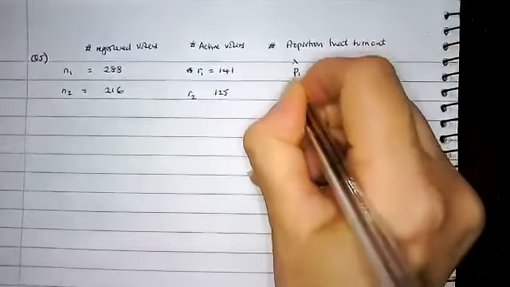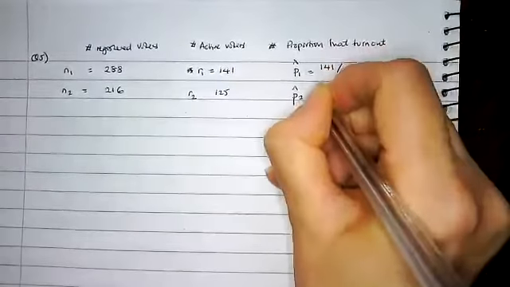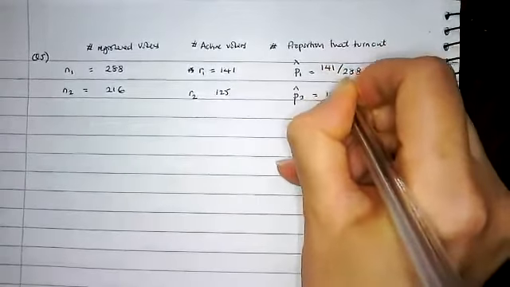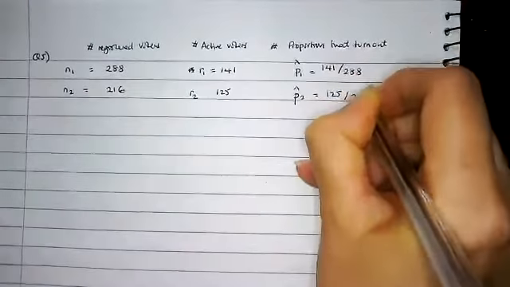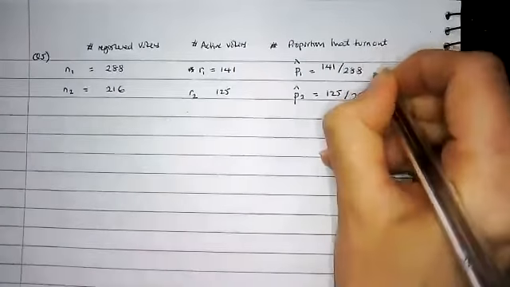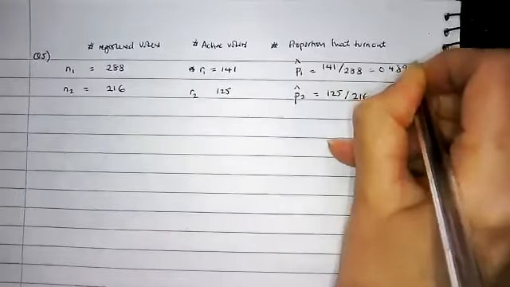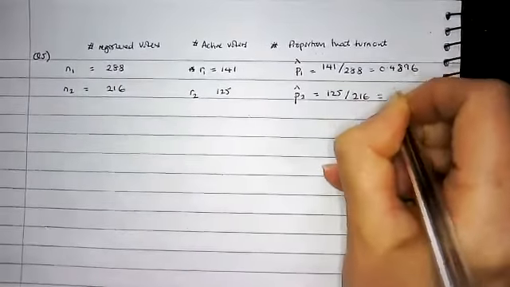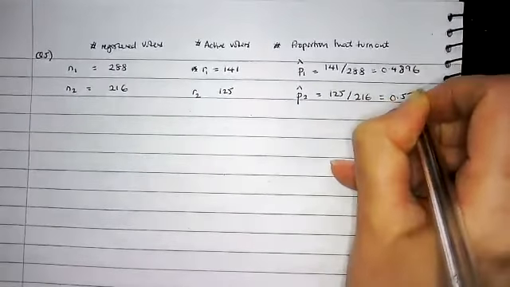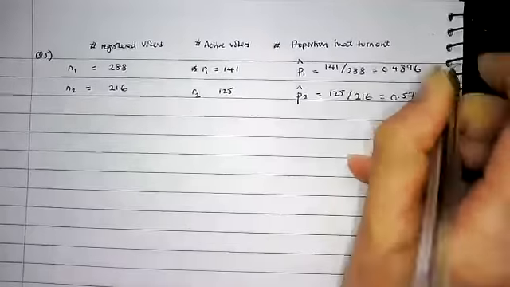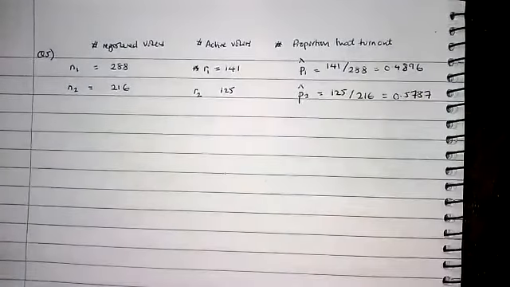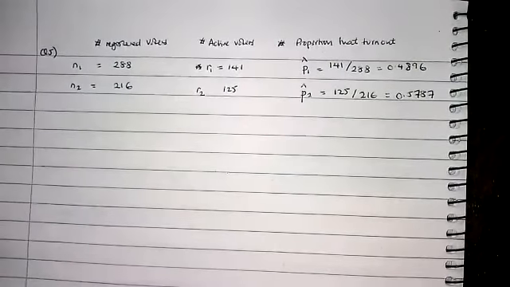And the estimate for the proportion of voters voting in area 2 is going to be 125 divided by 216. So in this case, 0.4896. In this case, 0.5787. Now, what we've been asked to do is to find a confidence interval for the difference between these proportions.